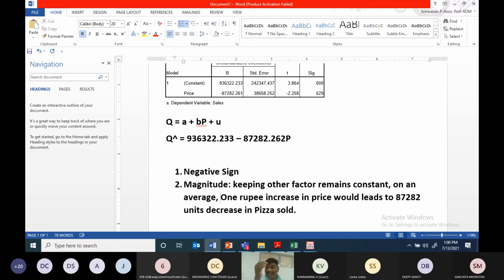Keeping other factors constant, on an average, 1 rupee increase in price would lead to 87,282 units decrease in pizzas. That means when the seller increases 1 rupee, just see the impact: 87,282. So magnitude is over.